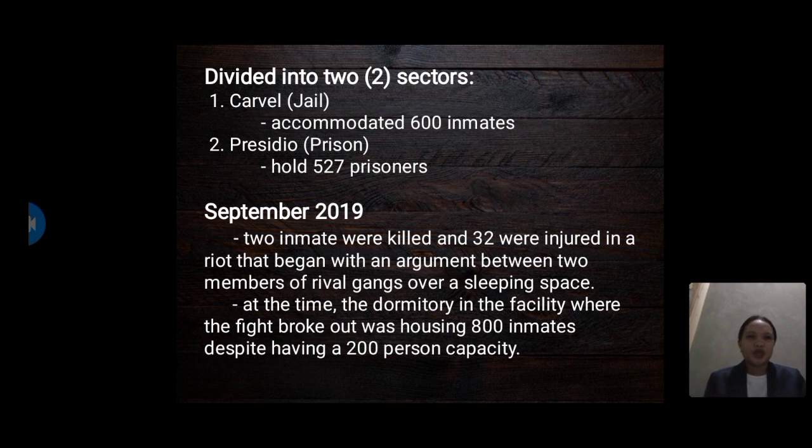This correction is divided into two sectors. First is the Carville, or the jail, and the Presidio, or the prison. The Carville accommodated 600 inmates and the Presidio held 527 prisoners.